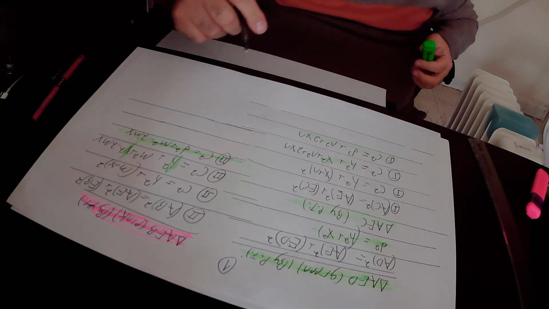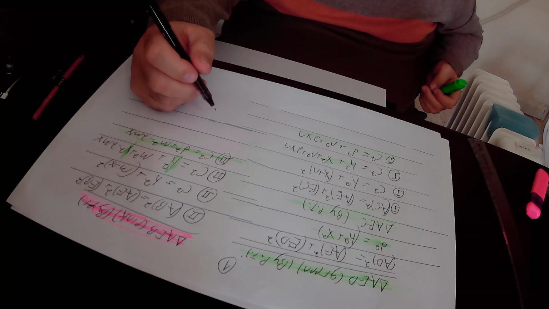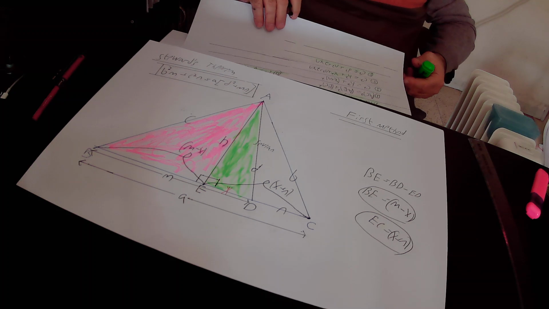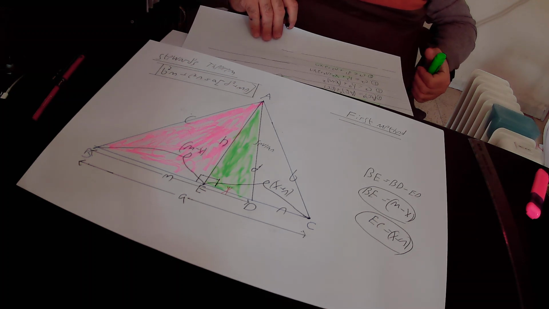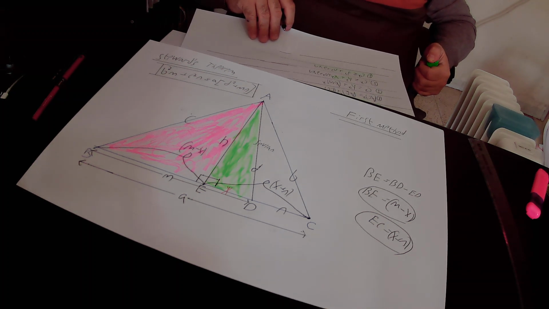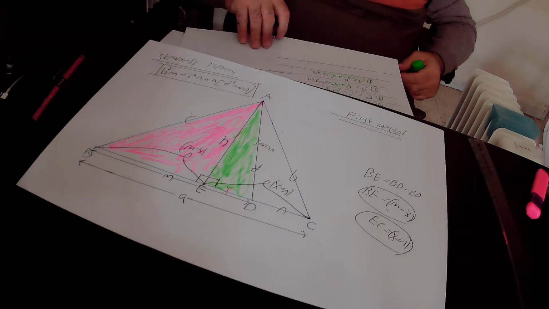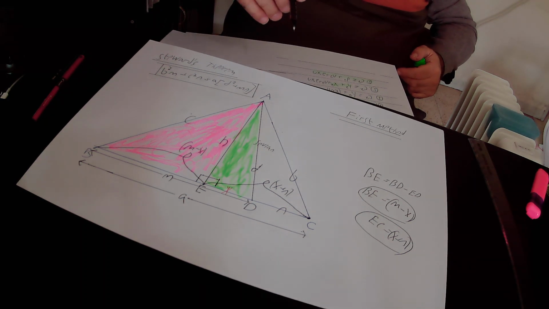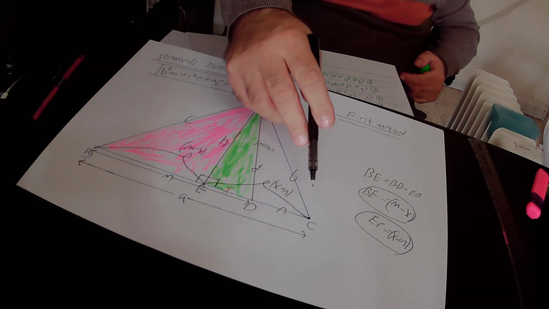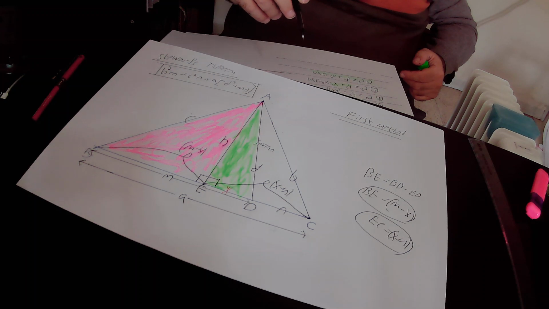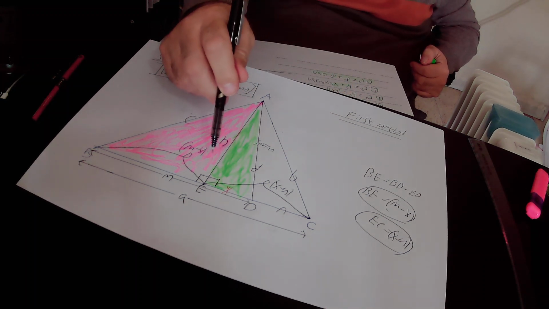And we have already found out that according to equation number 1, we implemented the Pythagoras theorem on triangle AEC. So according to the Pythagoras theorem, AC squared equals AE squared plus EC squared.